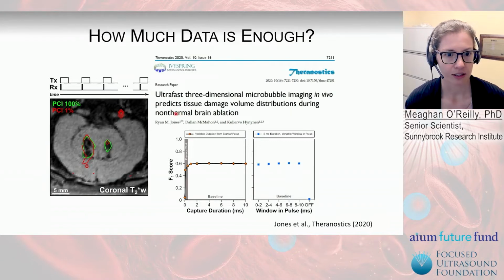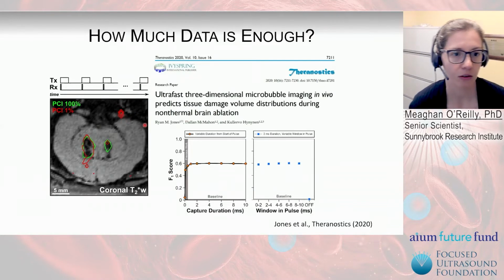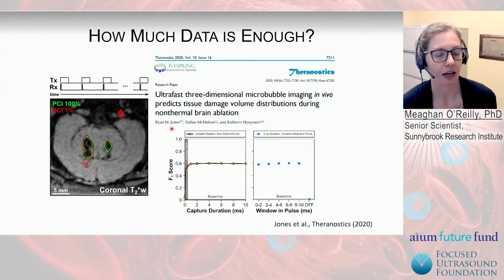We see here, this is a recent paper from Ryan Jones at Sunnybrook, showing that if we are only receiving a small portion of the signal relative to our transmit time, if we reconstruct that, we see in the red, reconstructing 1% of the transmitted signal, we actually underpredict in some cases, overpredict in other cases, and get false positive regions of cavitation in our maps.